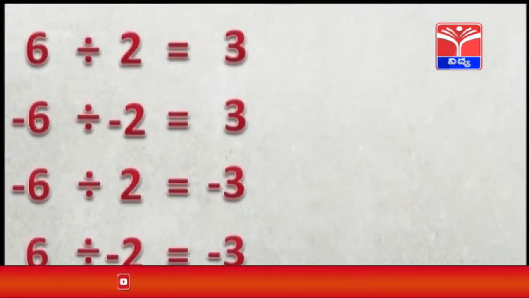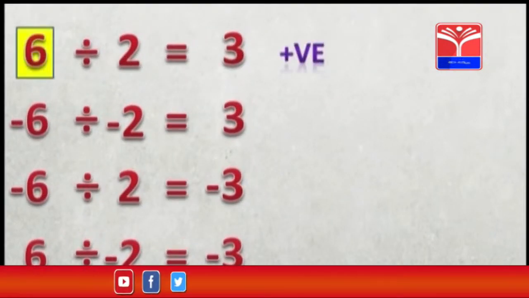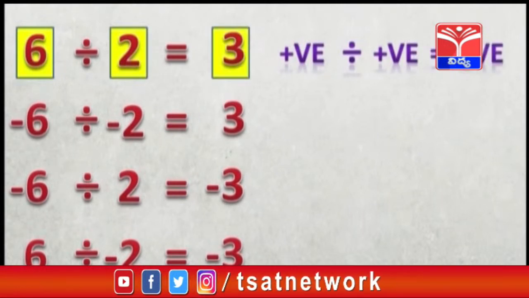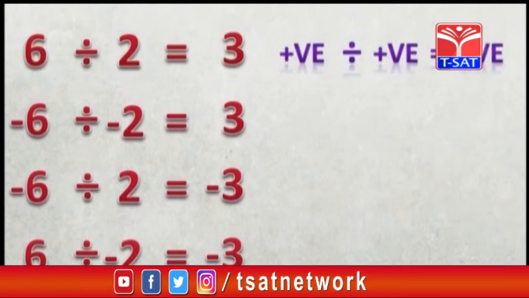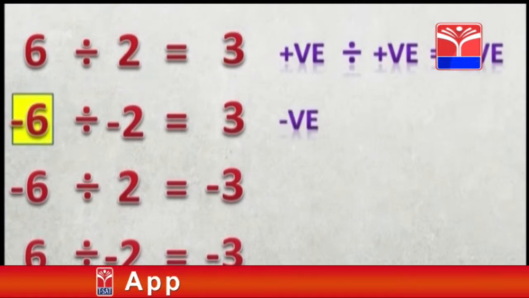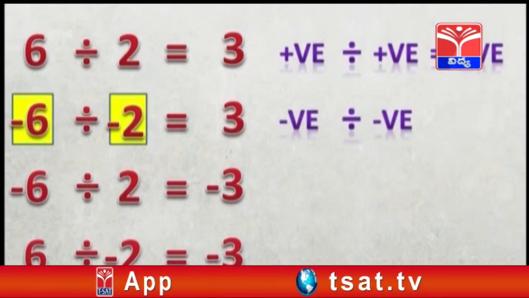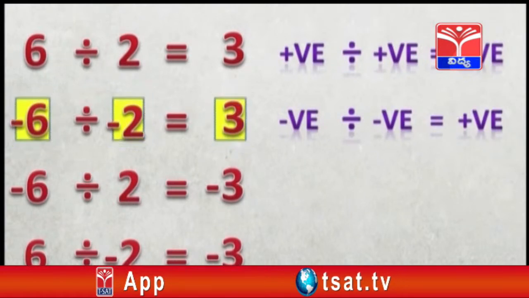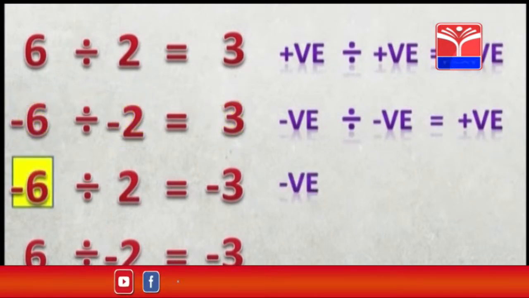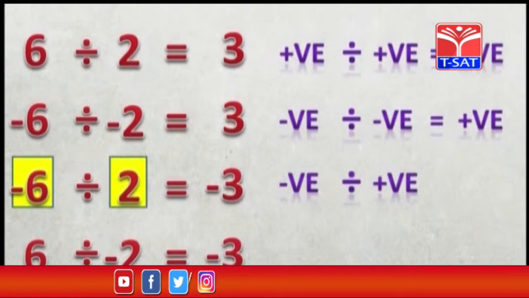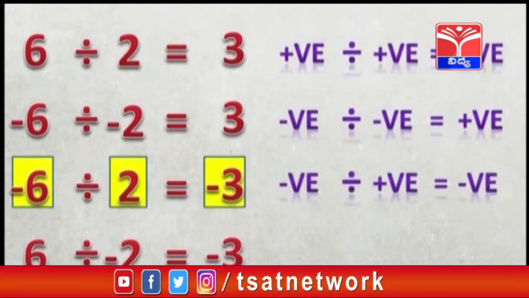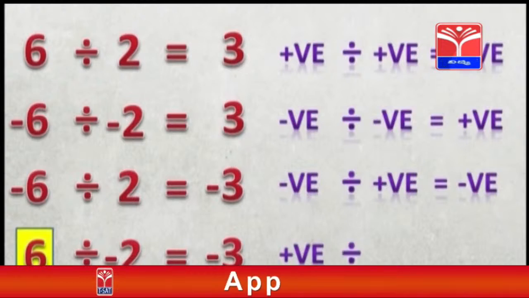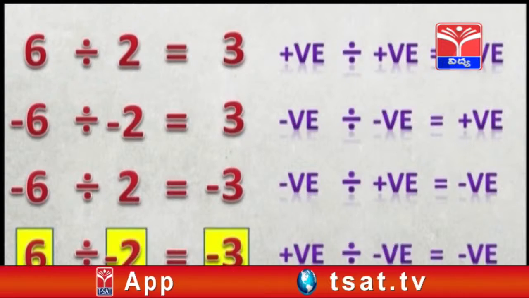Now look here, first one, positive divided by positive, we always get positive, and from the second result we observe negative divided by negative, we always get again positive, and negative divided by positive we get negative, and from the fourth result we conclude positive divided by negative we get again negative.